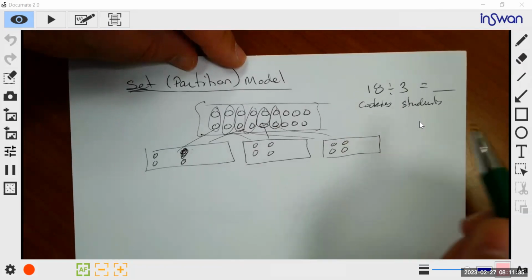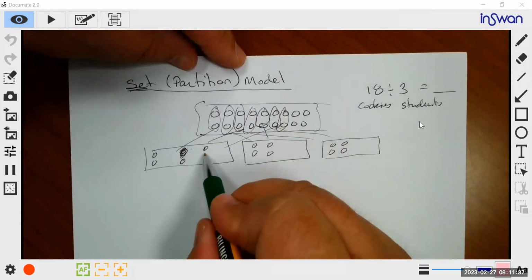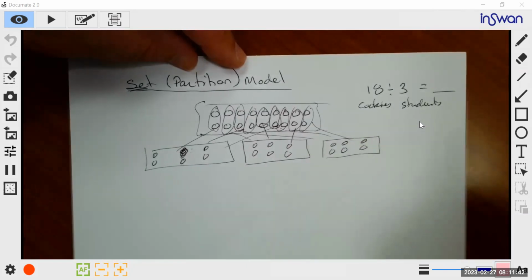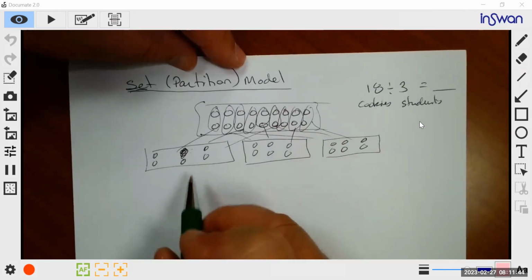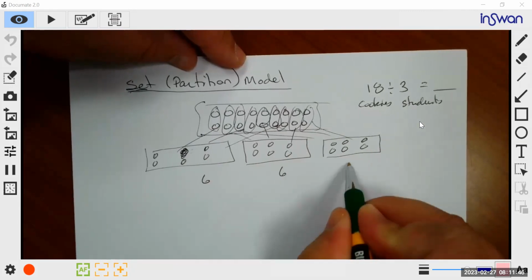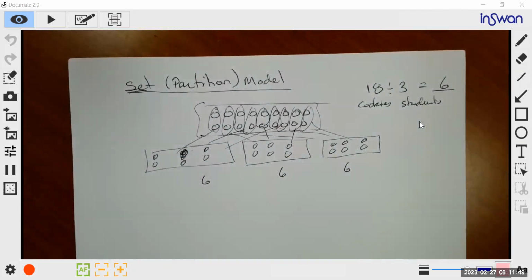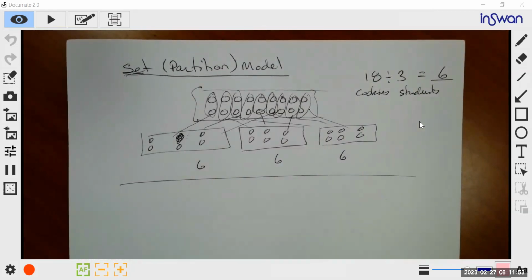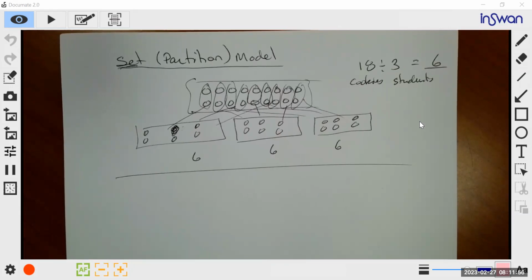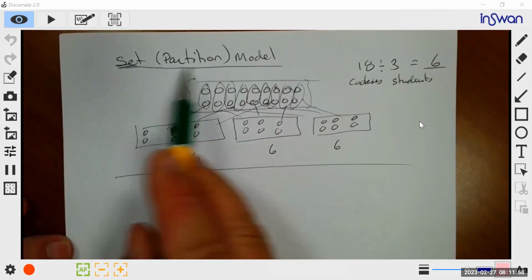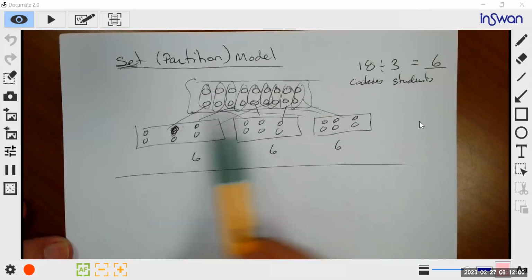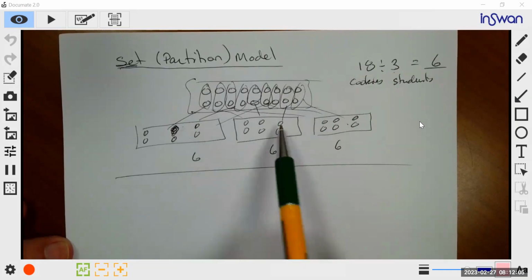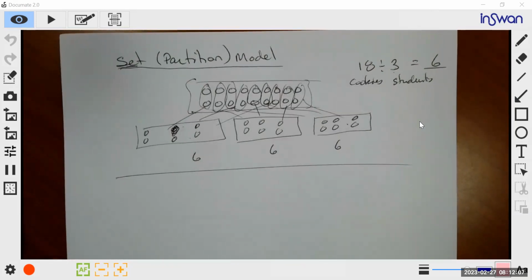This is going into sets. All the cookies are gone. Each student has 6 cookies. So that's how we look at sets. That's the partition model. We take the original number in the set, partition it into how many groups we want, and then the number of elements in each tells us how many we have.